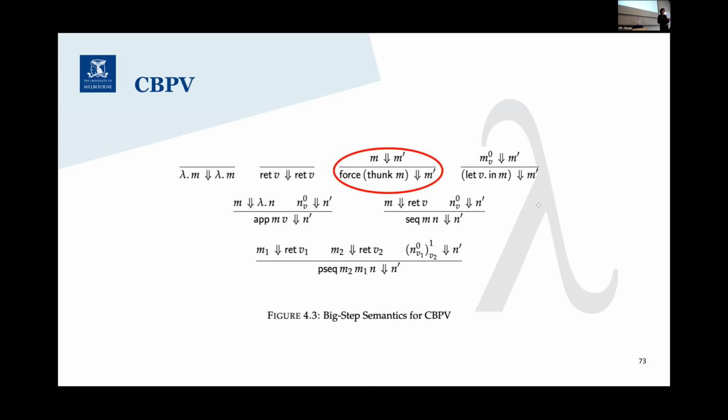Just an example here: if n evaluates to n prime, then the force thunk pair will cancel out thunk and also evaluate down to n prime. Similarly for p-seq, we evaluate each argument first, and then we plug the results from the first two machines, m to m1, into the third machine, n, and get the same result, n prime.